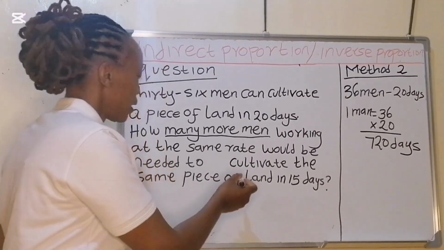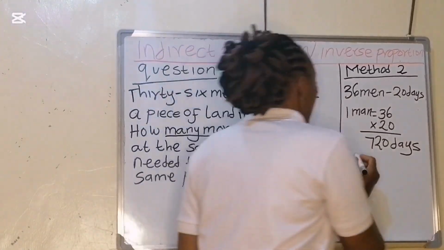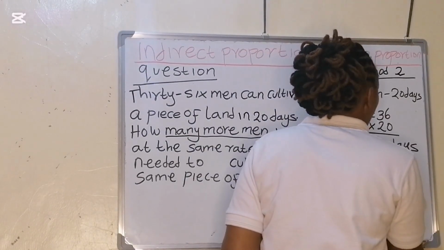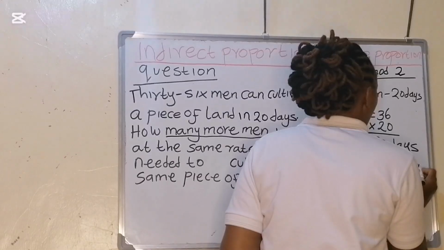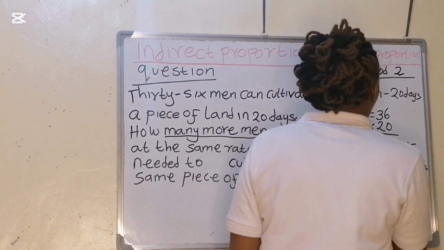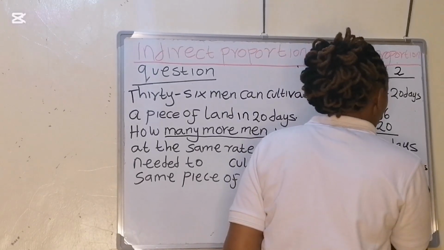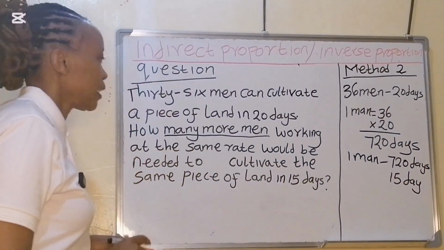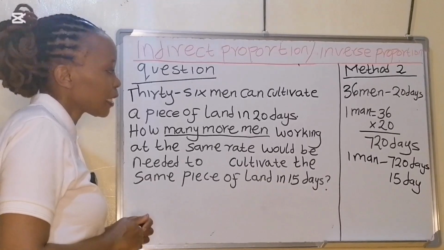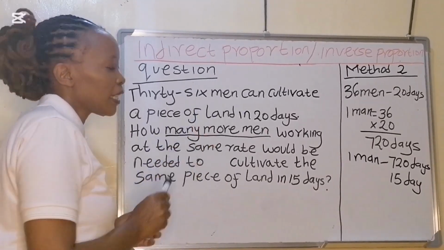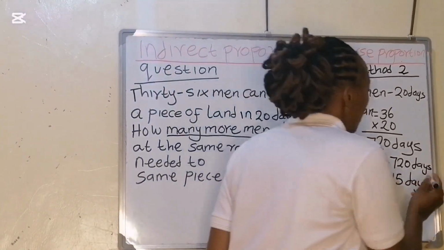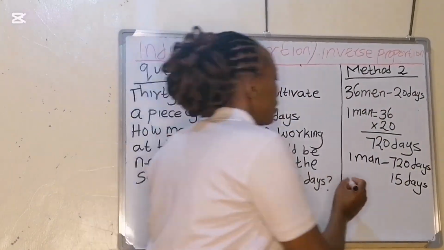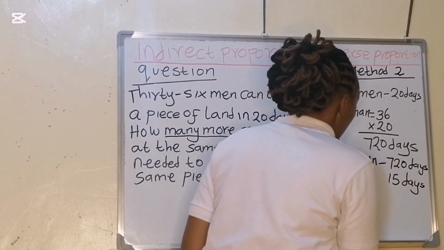Then what about if 1 man takes 720 days? What about 15 days? How many men do we need to take 15 days to cultivate the road? What about 15 days? How many men do you need?